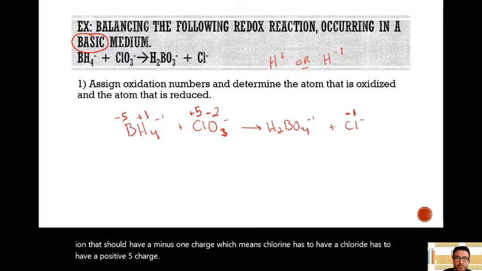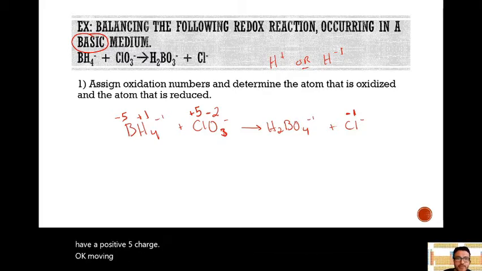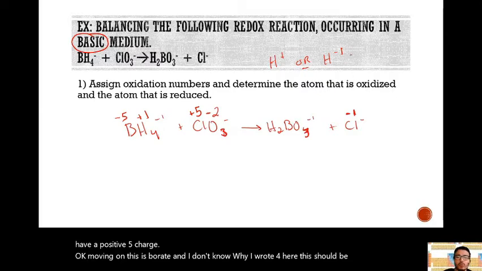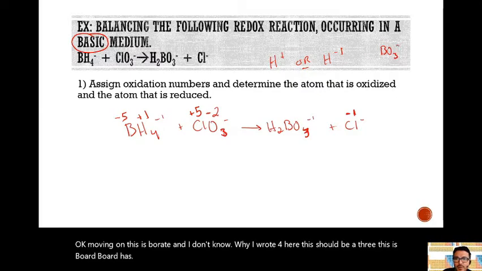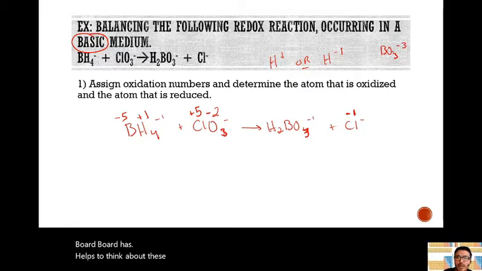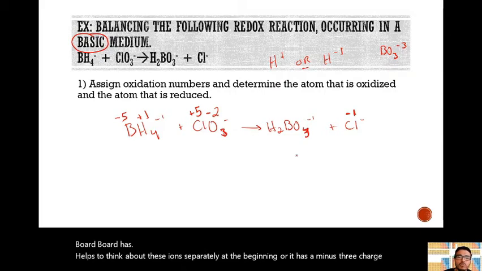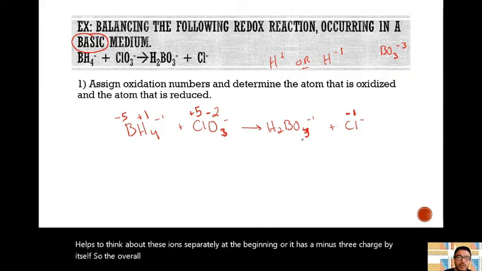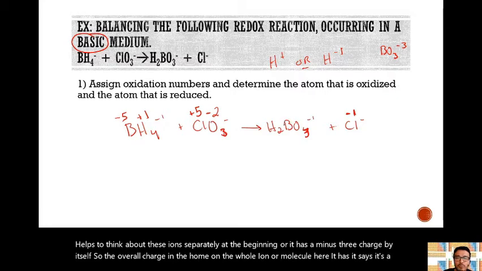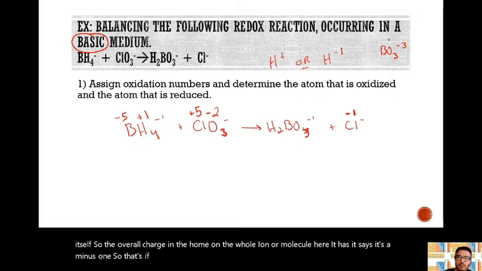Okay, moving on. This is borate, and I don't know why I wrote a 4 here. This should be a 3. This is borate. It helps to think about these ions separately at the beginning. Borate has a -3 charge by itself. So the overall charge on the whole ion or molecule here, it says it's a -1, but let's just work on borate.